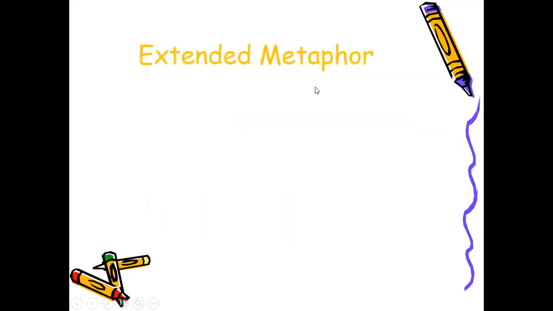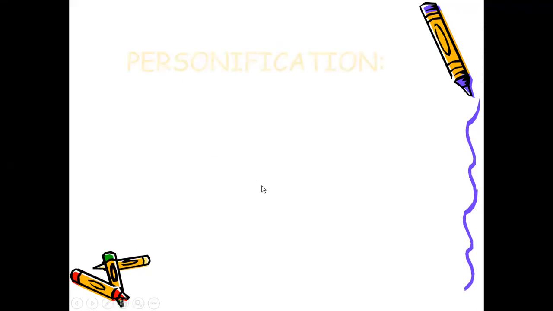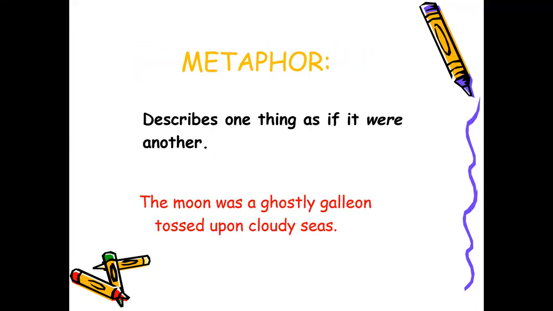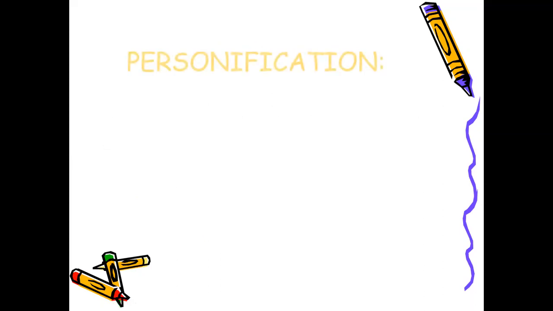The extended metaphor is a metaphor that extends throughout the entire poem instead of just a few lines of the poem. And also we talk about something, but we mean something else. So we describe one thing as if it's something else.